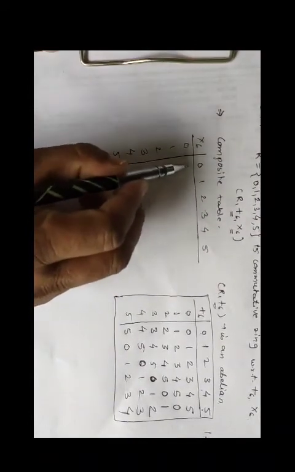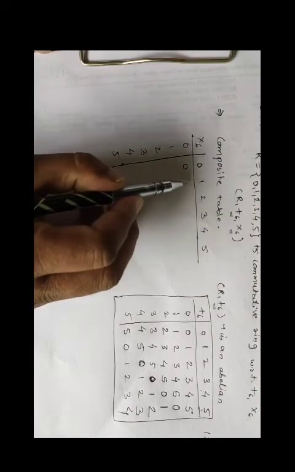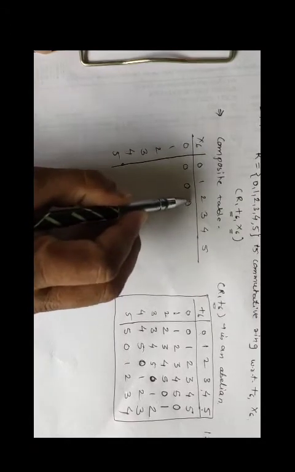Now we have to verify the closure property and associative property for multiplication. Here 0 into 0 is 0, 0 into 1 is 0, 0 into 2 is 0, 0 into 3 is 0, and so on. This is multiplication.